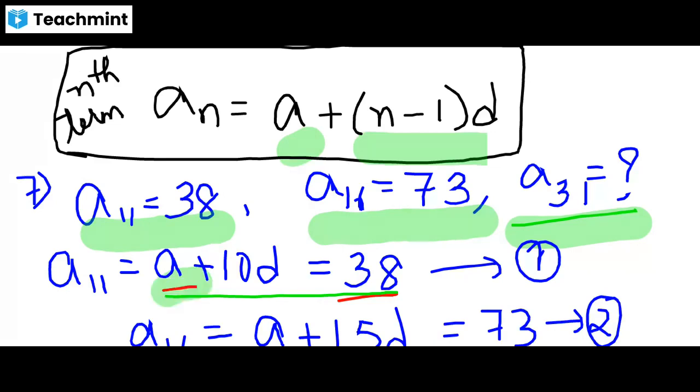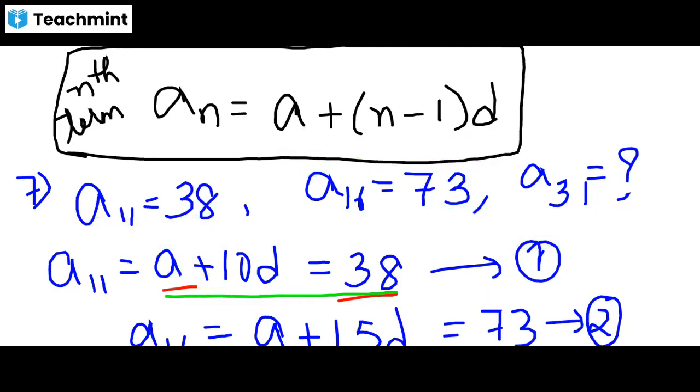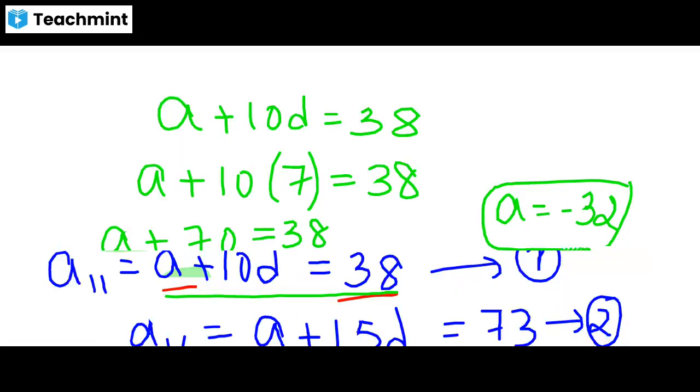So I am writing it directly, 10d is equal to 38. Now A16: a as it is, you are going to write 16 minus 1, so you get 15d, that is equal to 73. So if you are able to write equations like this first, then your problem is half done. Understood, all of you?